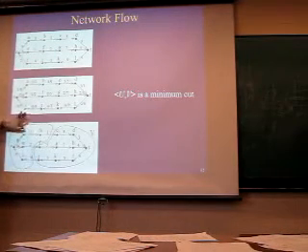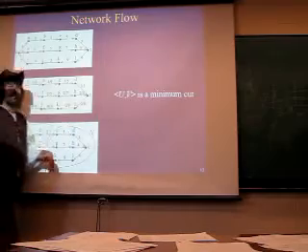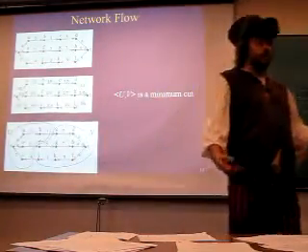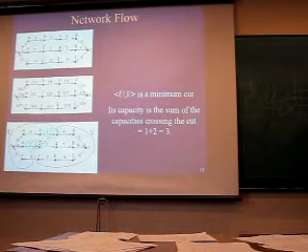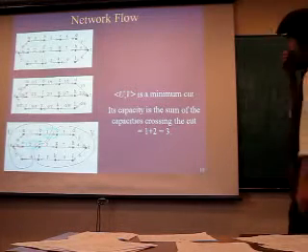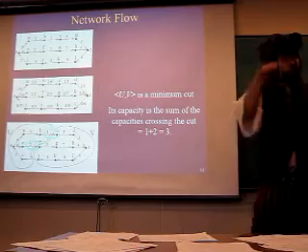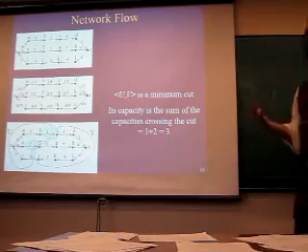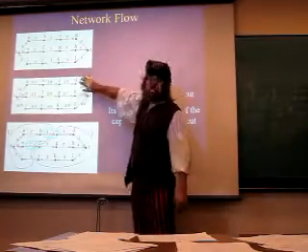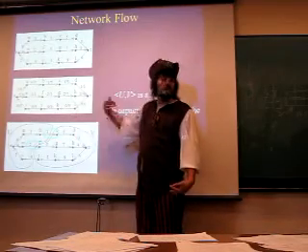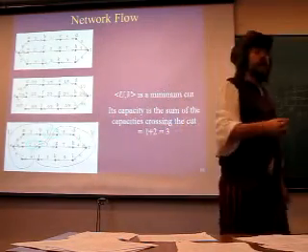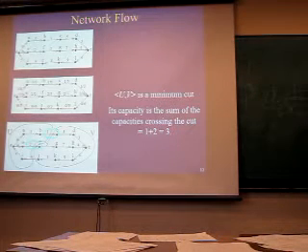So at most 3 can flow across this cut. People kind of see that? It shouldn't be too hard for you to think intuitively that the max flow can never exceed the flow across a cut. And in fact, we're going to prove that the max flow equals the min cut.